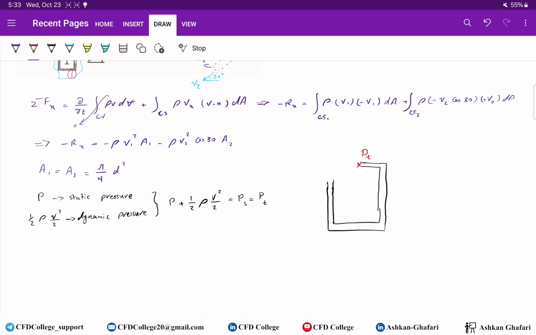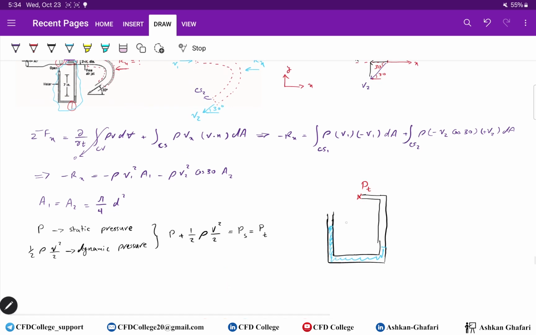So here we have PT, and I think this is water. This distance is 0.7. Oh, sorry.